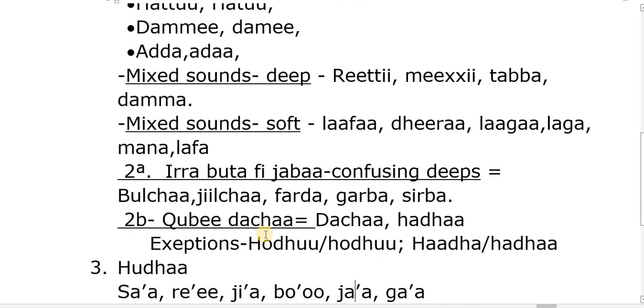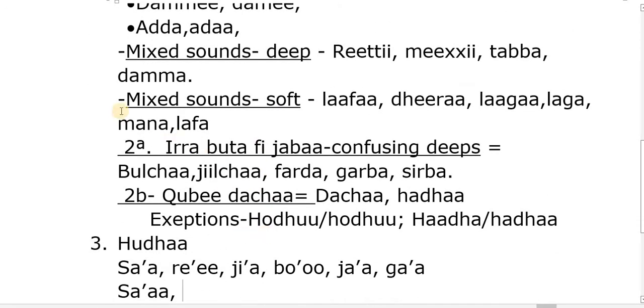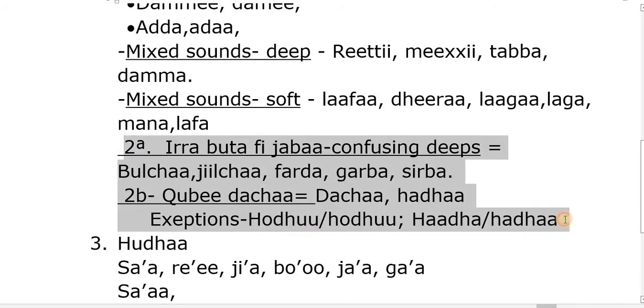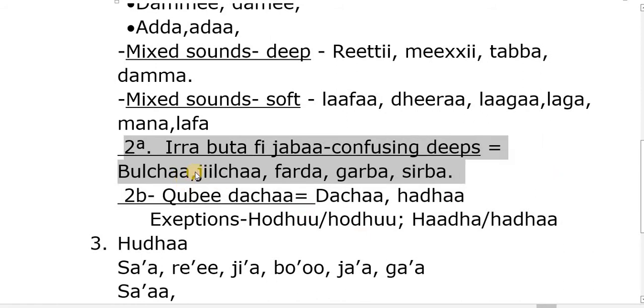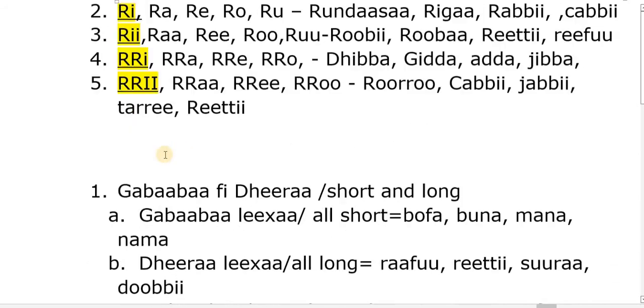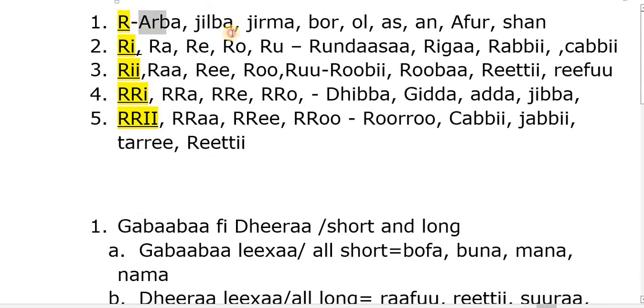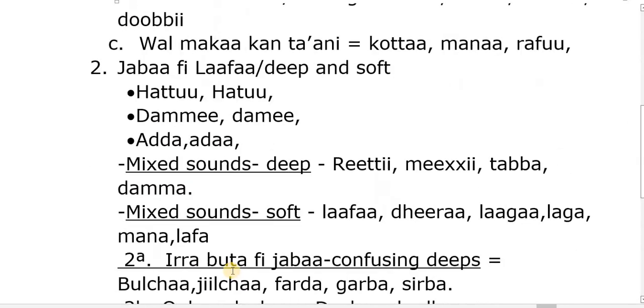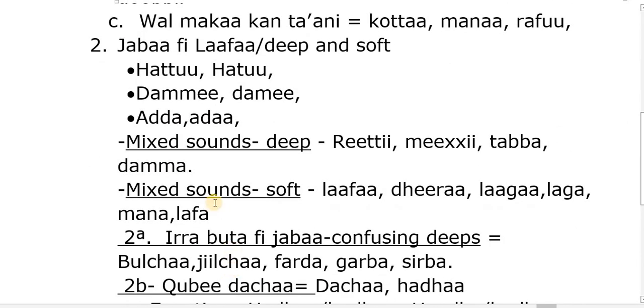The other important part in writing deep and soft words is that in these two conditions is where spelling errors mostly appear, especially on irabuta. Irabuta, as we have seen in the first place, are the words where we have the softest sound because we don't have any vowels with them.